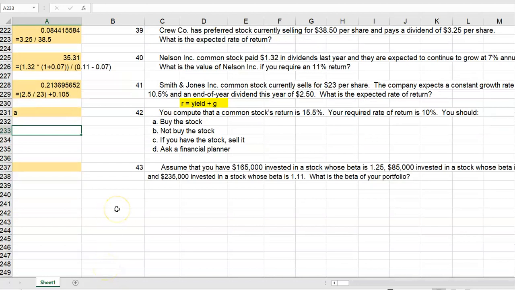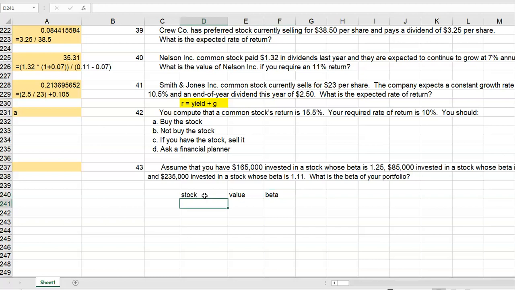Finally, the beta. This is actually in your homework. How to calculate the weighted average beta. What you need to do is calculate here what percent each stock is of your portfolio. So let's just take stock, the amount, the value, we'll say, beta.